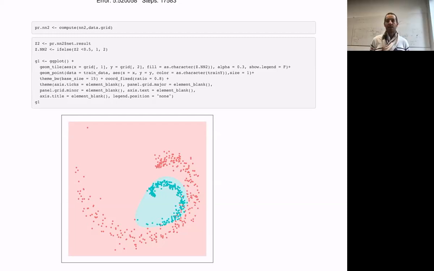Yes, so we'll see later. Yes, you're right. It was just to show the capability of a neural network to get a non-linear decision boundary for classification. I just did this on the training data, but of course you can do a validation set and optimize your model on the validation set, and after, check on the test set.